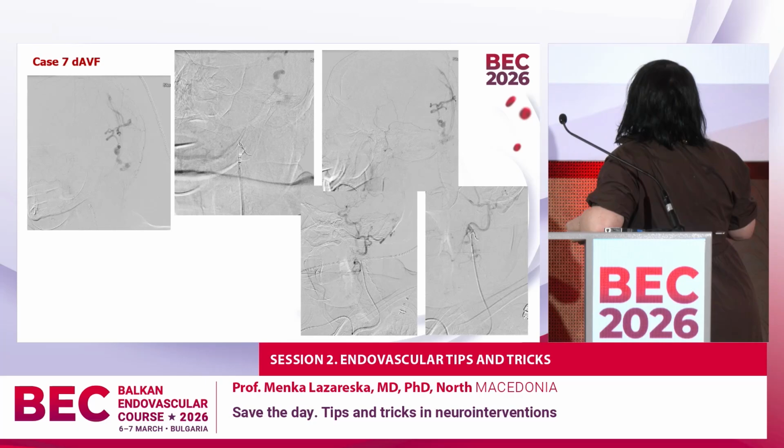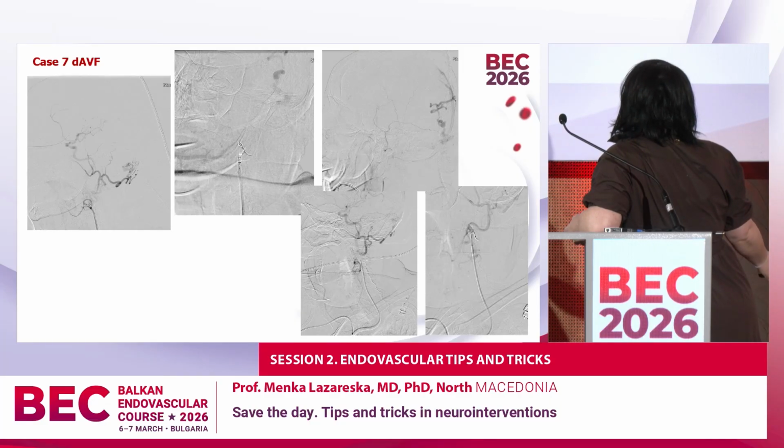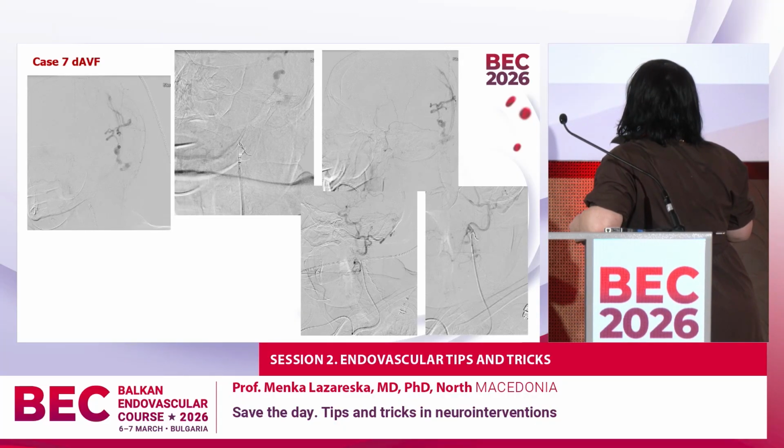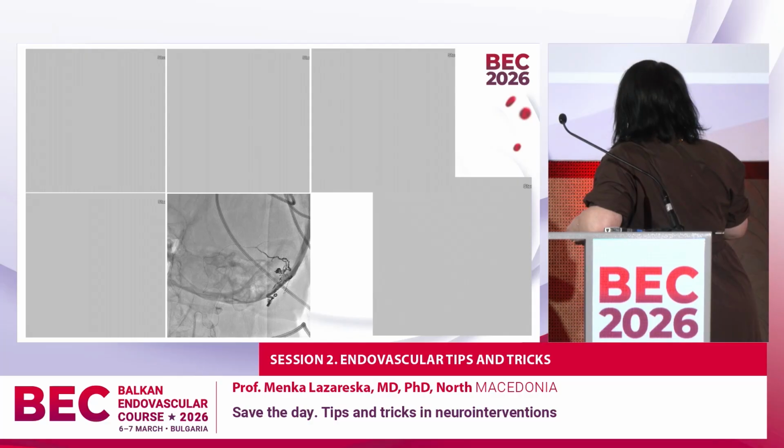After 2 days, we went by the radial access with a normal diagnostic catheter, and we got this new microcatheter that my colleague told me about, with a Simpson and Microchip 2, I think it was, and we succeeded to reach this branch.